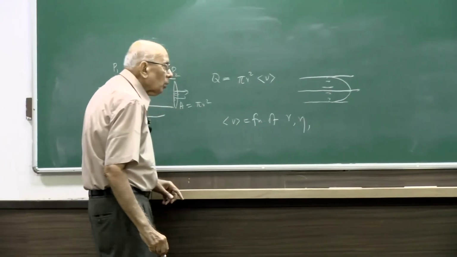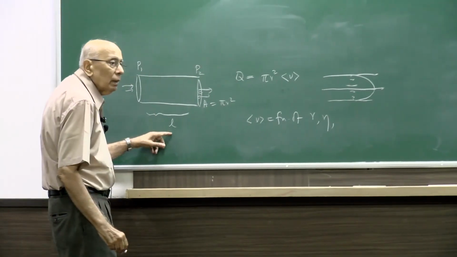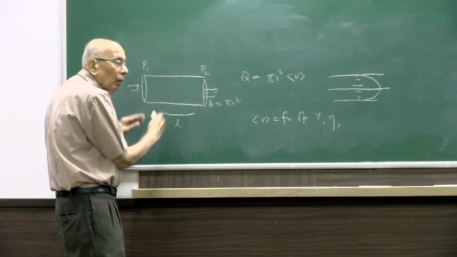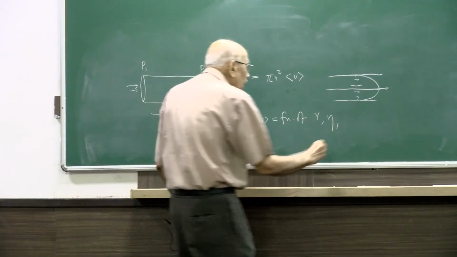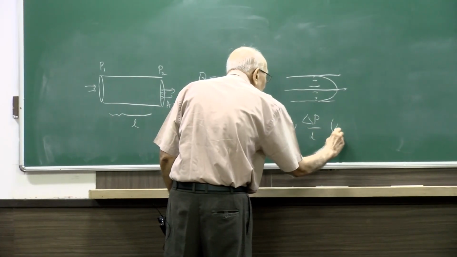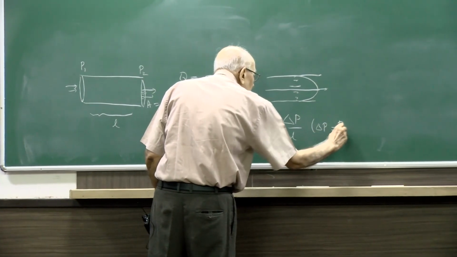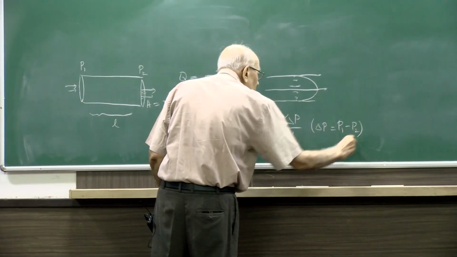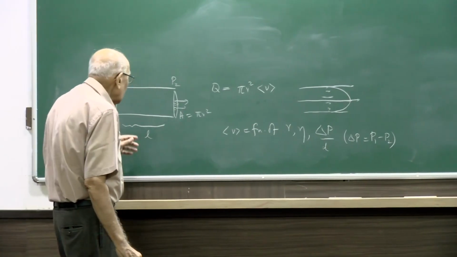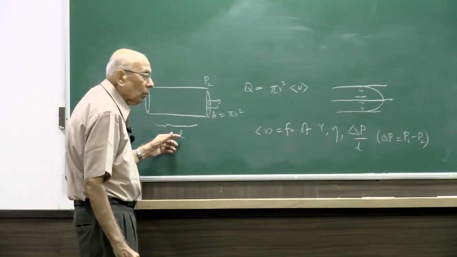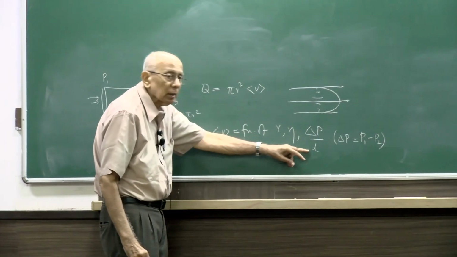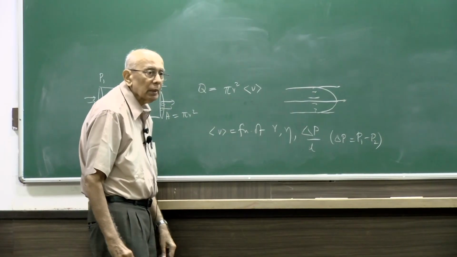And it is going to be proportional not to L, but to the pressure gradient, the rate at which the pressure changes across this pipe. So it's going to be proportional to delta P over L, where delta P is P1 minus P2. So it's not proportional directly to L, but rather inversely proportional to L, because it's actually proportional to the rate of change of pressure with respect to the length, the pressure gradient.